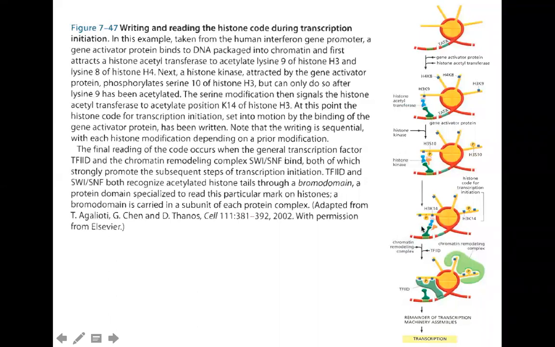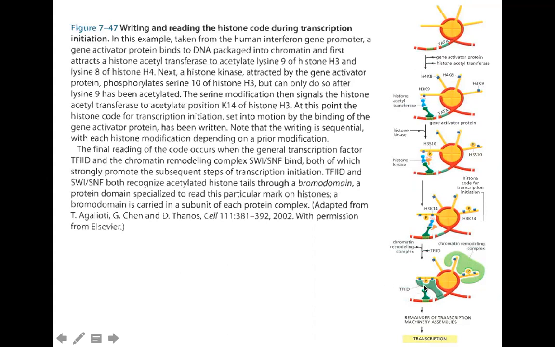Two are being acylated: lysine at the 9th position and lysine at the 14th position. Serine at the 10th position needs to be phosphorylated. Once this is achieved, it can be read by transcription factor 2D. This is a signal for transcription factor 2D, and it reads this signal on the H3 tail by a domain called a bromodomain. It is mentioned here.